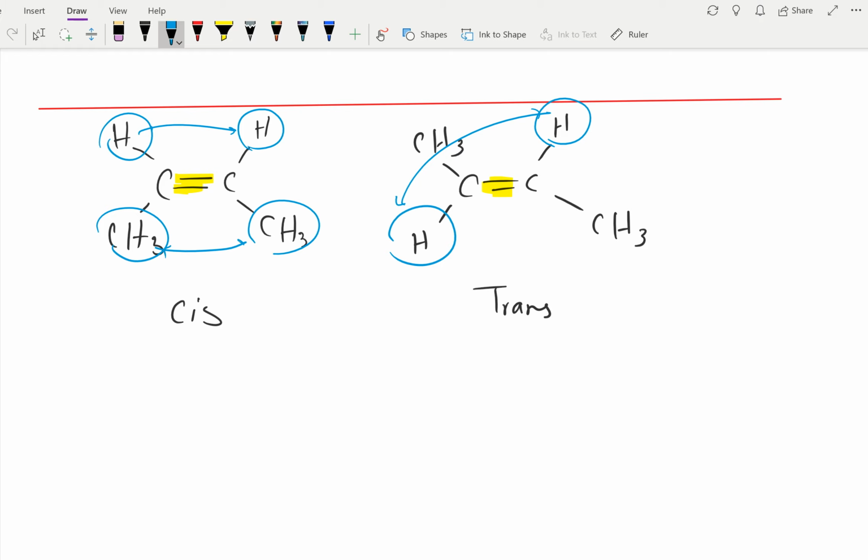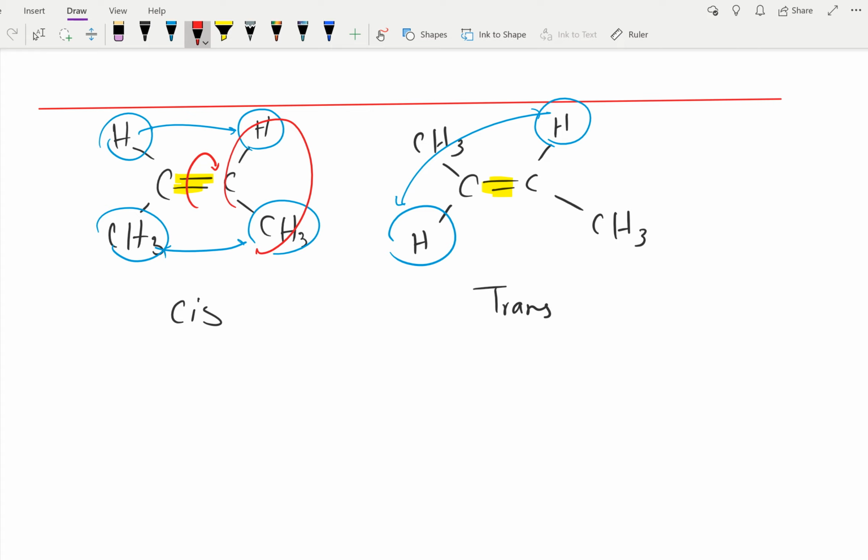They cannot convert to each other, and that happens because the molecule cannot rotate around the double bond. So double bonds are like a lock. It doesn't let these groups rotate so that hydrogen comes down and CH3 goes up. The molecule cannot rotate around the double bond.